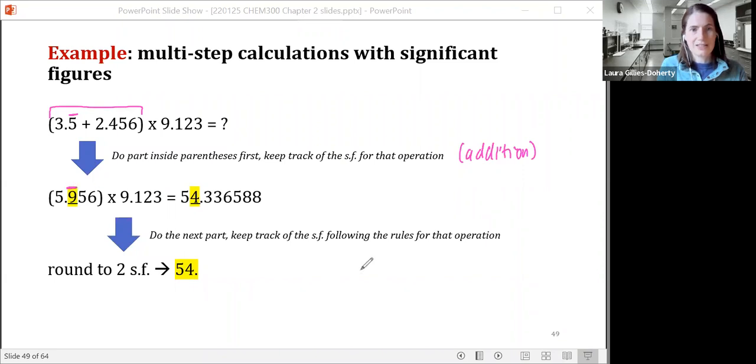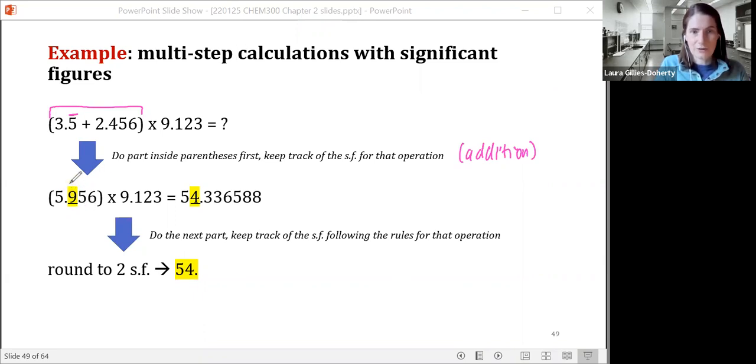So we're limited to this 9 here, but we don't want to round it yet. If we rounded it to 6.0 at this point, because the 5 bumps this 9 to a 10 and turns that 5 to a 6, if you rounded it now before doing the next step, and then you did that through multiple steps, you'd end up with a different final answer. So what you want to do is just keep track of the sig figs.